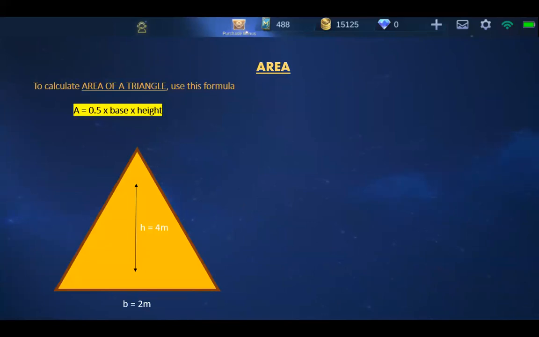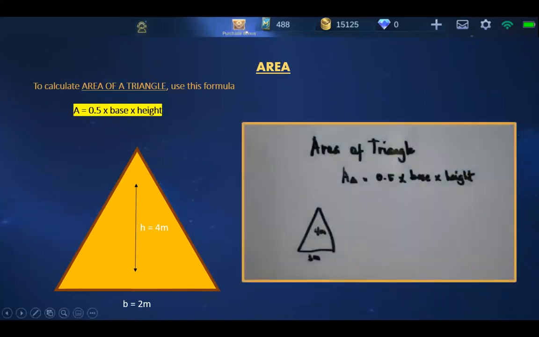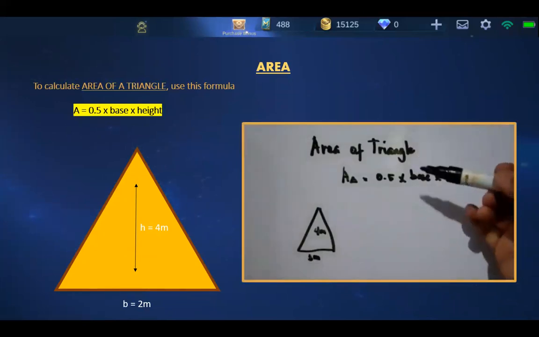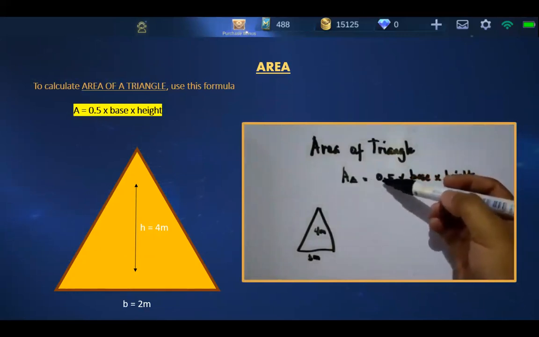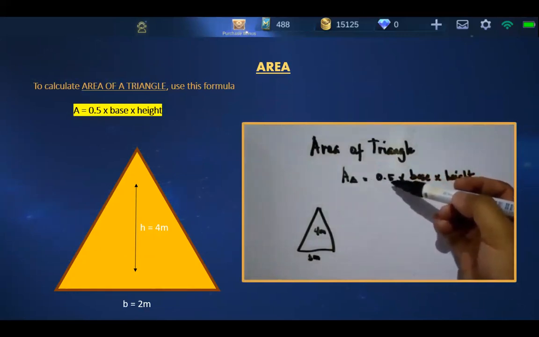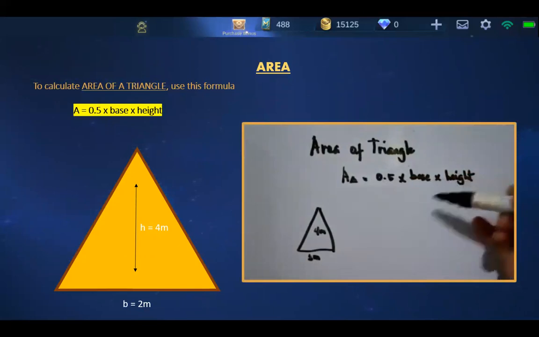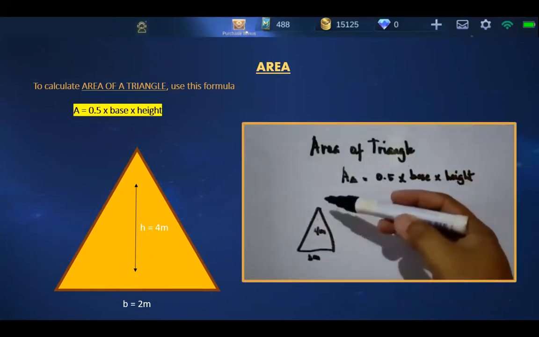To calculate the area of the triangle, use this formula. Area of the triangle is equal to 0.5 times base times height. For the area of a triangle, the formula is area of triangle is equal to 0.5, which is a constant, times base times height. So we have here the measurement of a triangle.